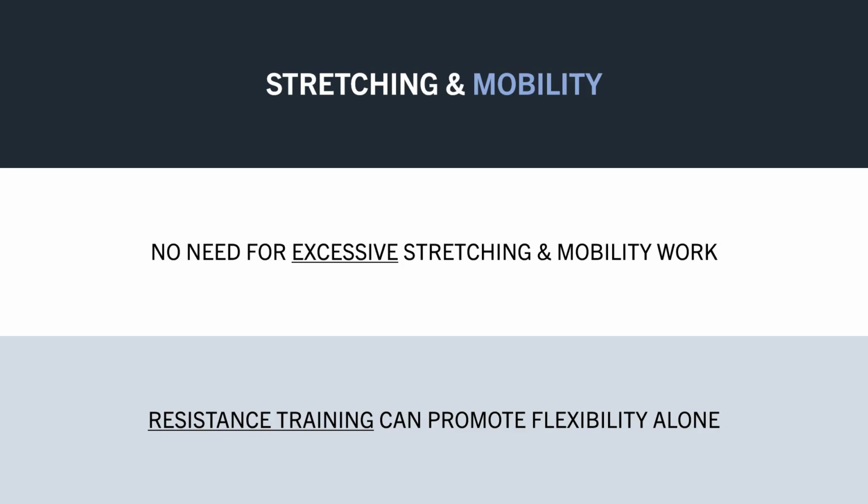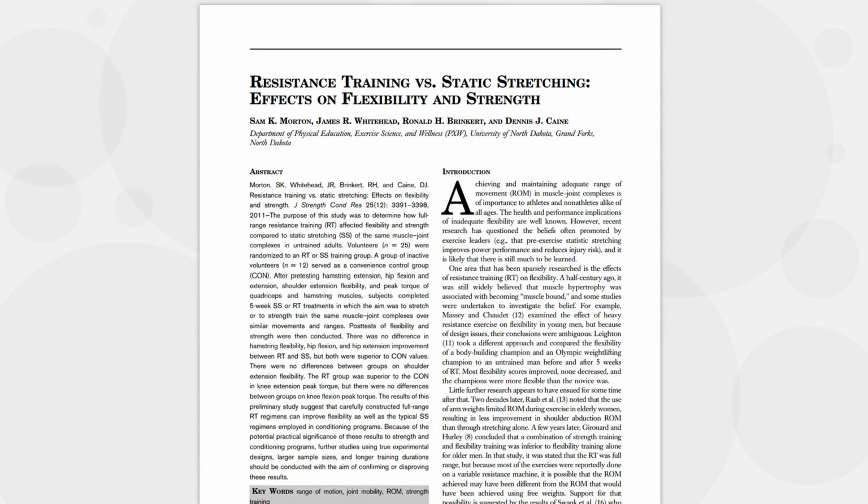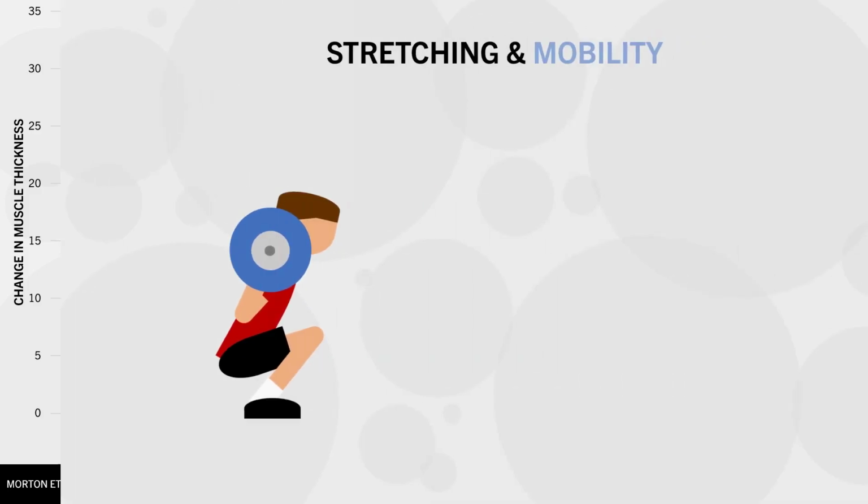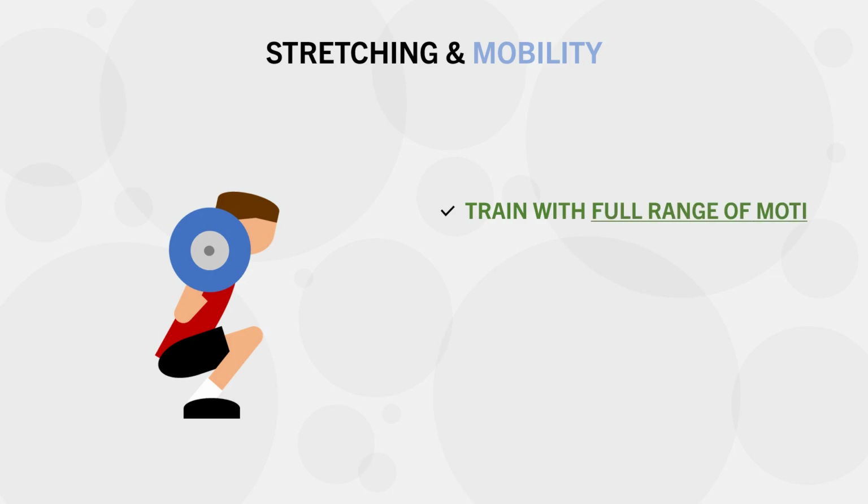This was established in this study, which compared the effects of resistance training versus static stretching on flexibility changes in untrained individuals. It was found that both resistance training and stretching resulted in similar improvements in hamstrings, hip, and shoulder flexibility. So really, if you were training through a full range of motion with all of your exercises, you probably don't need to do any specific mobility exercises at all.